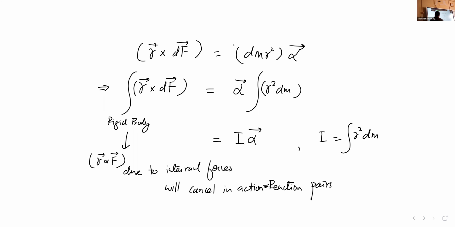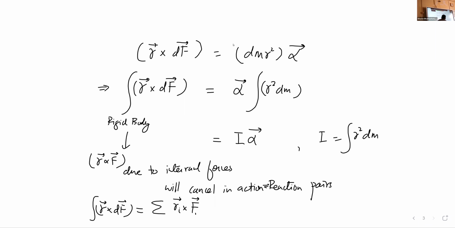So this integration of r cross df will now result in summation of r cross F for only the external forces. So what I'm counting over here will be only the external forces. I'll explain.